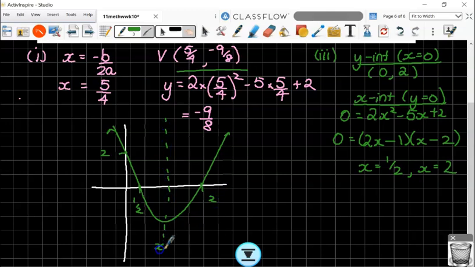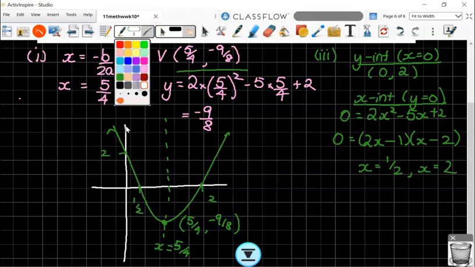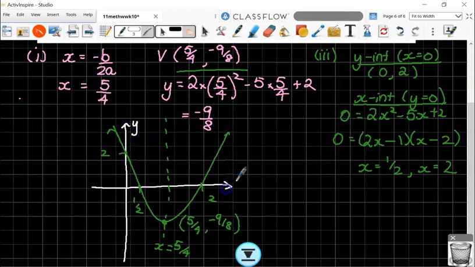This was x equals 5 over 4, and your vertex is 5 over 4, minus 9 over 8. Bang, done. And I'm not spending ages on a question.